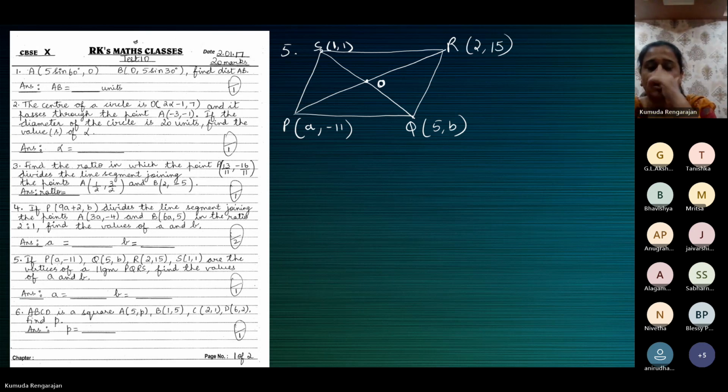Okay. So we know that in a parallelogram, the diagonals bisect each other. That means O is the midpoint of PR. O is also the midpoint of QS.